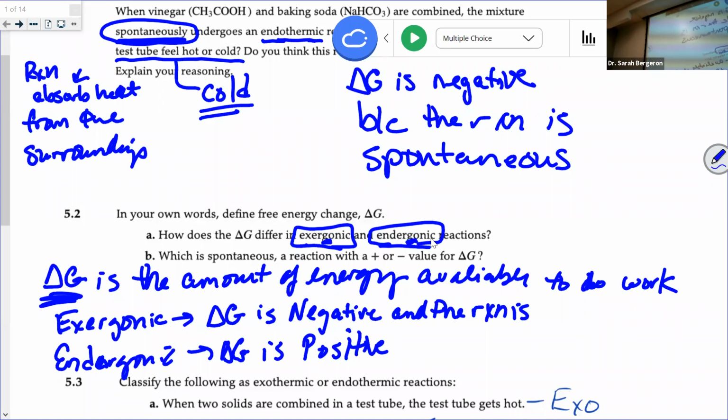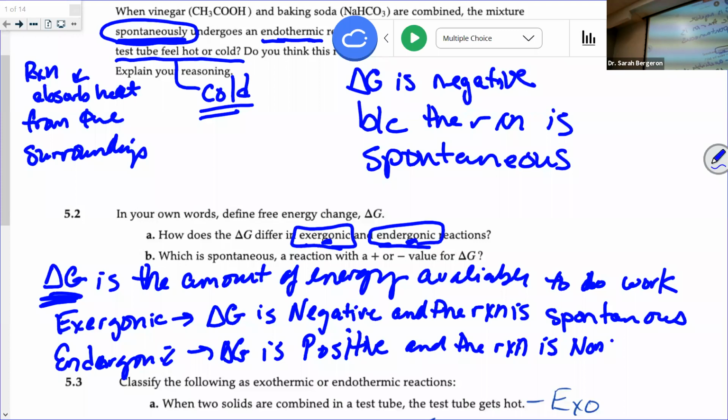If you don't have enough free energy, if you have to put energy in to make it happen, it's going to be non-spontaneous. But if you have some extra left over, that's a negative delta G. So this one's going to be spontaneous. On the other hand, if we have an endergonic reaction, delta G is positive, and the reaction is what? Non-spontaneous.